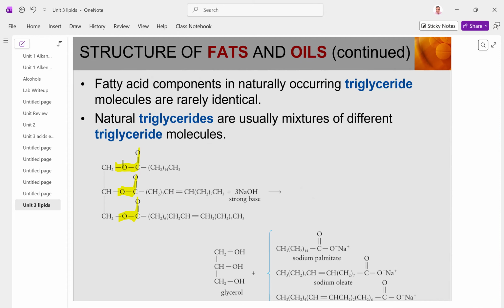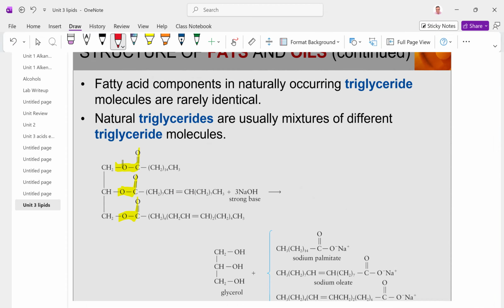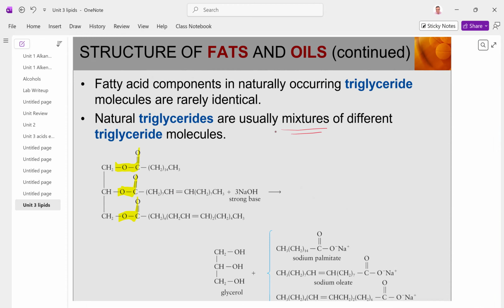And natural triglycerides are always a mixture of different triglyceride molecules and also triglyceride acids. So these are again the acids and the alcohol.